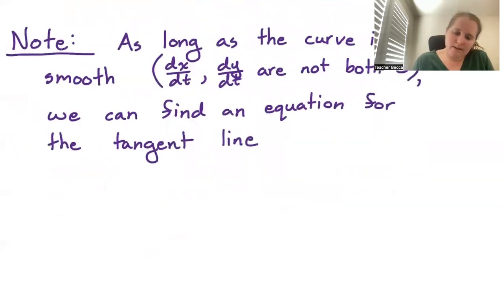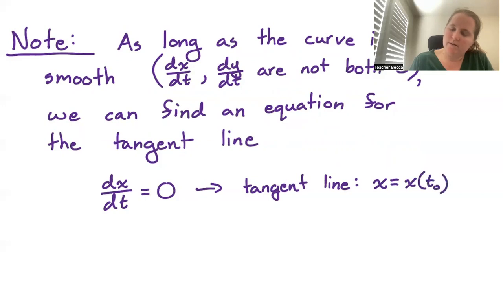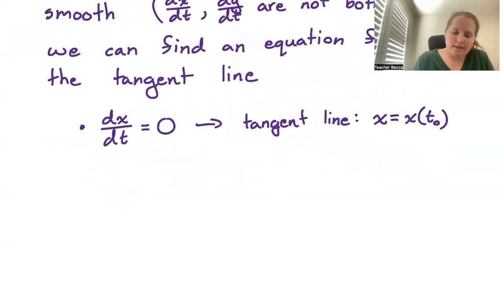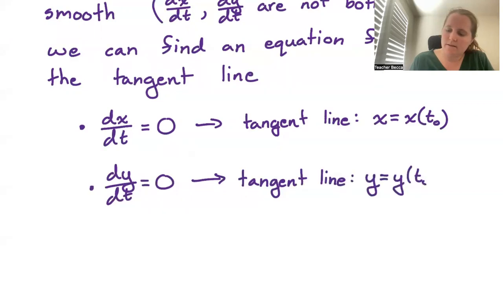In the case that dx dt is equal to 0, then our tangent line would be x equals x of t naught. In the case that dy dt is equal to 0, then this is a horizontal tangent line, and we get y is equal to y of t naught.